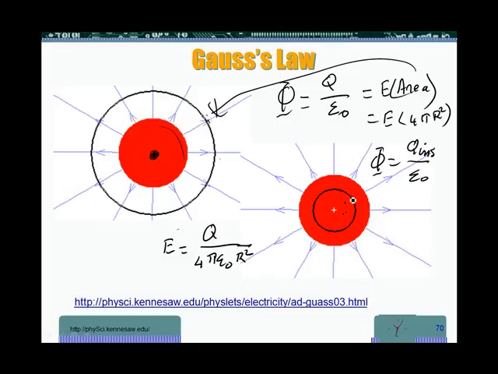But in this case, what this is telling us, the electrical flux at that point is not going to care about these. And I can find the electrical field at that point without having to worry about that charge. These charges are going to cancel each other out. Their effect is going to cancel each other out, and they are not going to contribute to the electrical field.